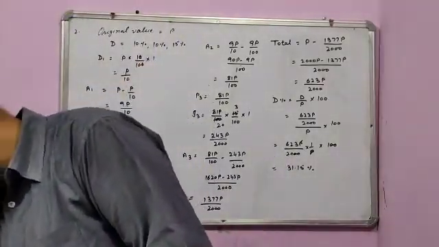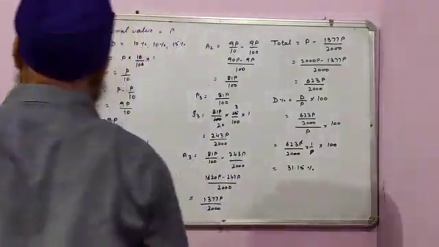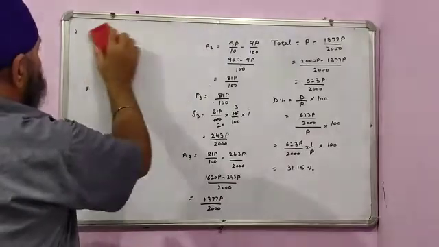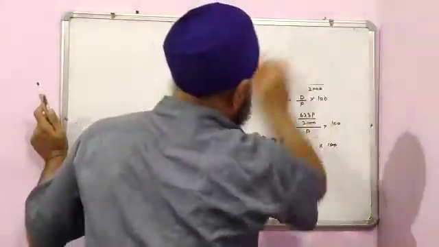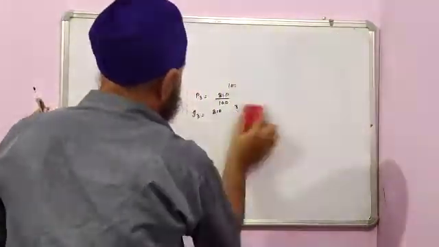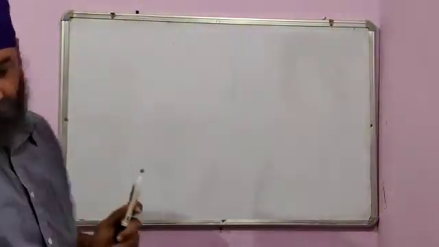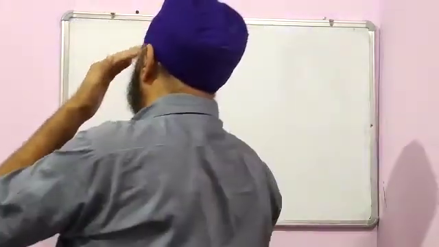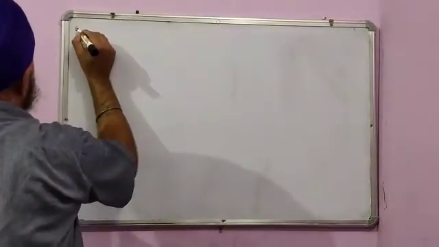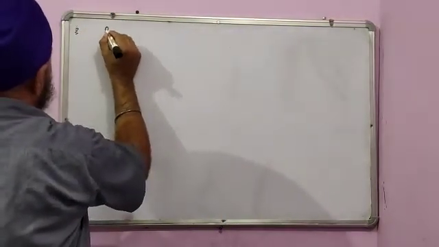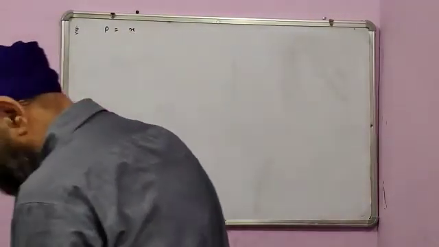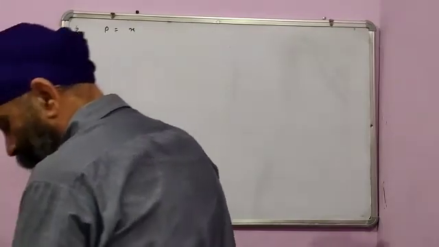Then I do question number 6. Question number 6 is find the sum on which difference between compound interest and simple interest is given. So let principal be x. The rate is 8%.